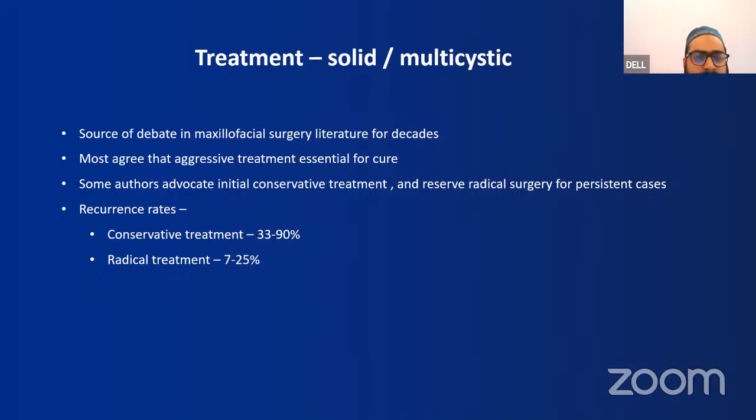The recurrence rate with conservative treatment is 33 to 90%, so it's very high, while with radical treatment the recurrence rate is relatively less.